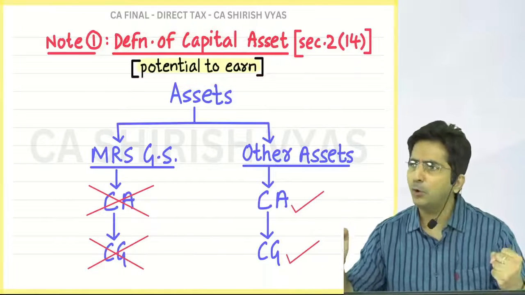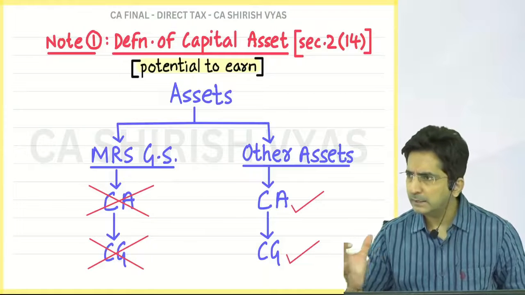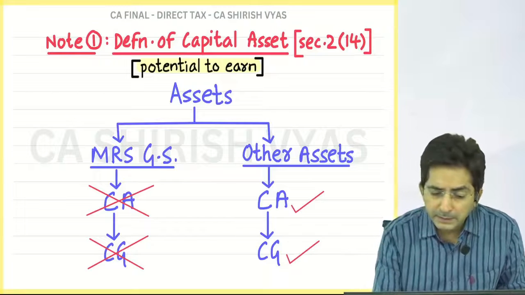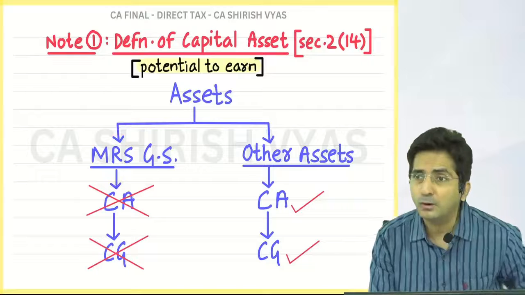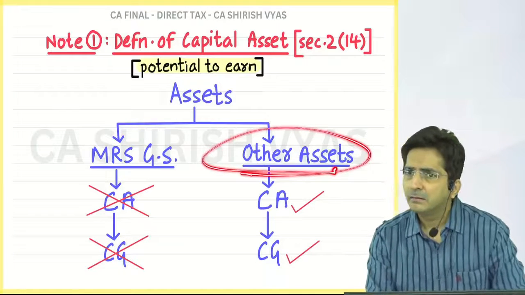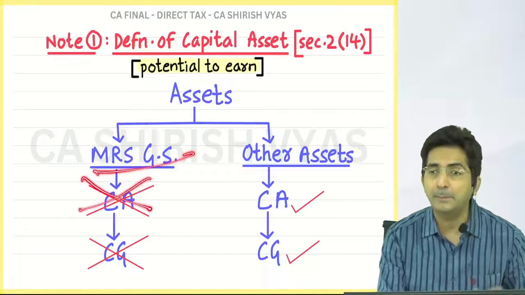Land is the hero of all the assets in the world. If land has potential, obviously it should be in other assets. But the government is saying no, it will be Mrs. GS, it is not a capital asset.